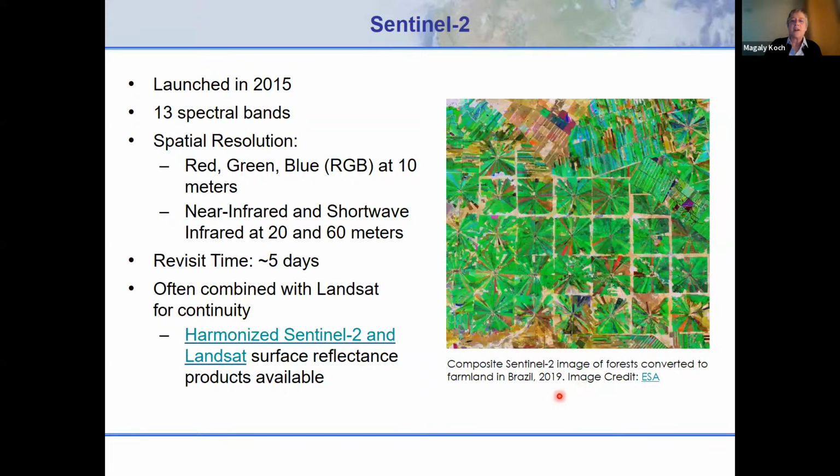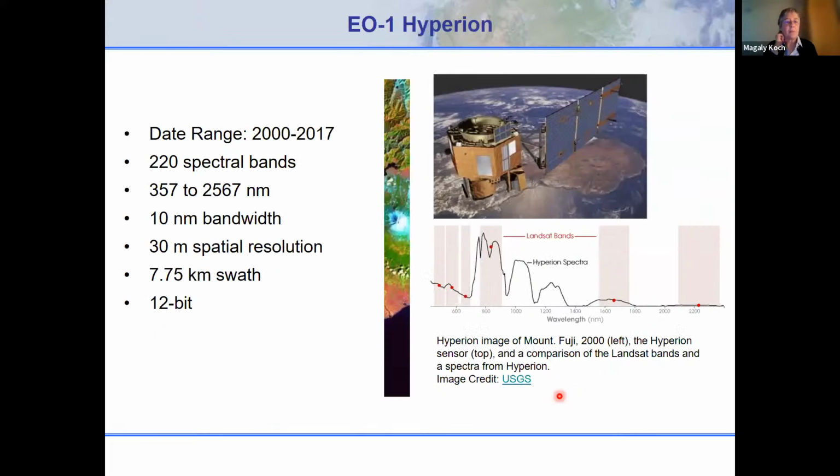And also they want to make sure that the information is captured in multiple spectral bands. So we'll talk about the spectral bands now, the importance of spectral bands, by looking at another sensor, a hyperspectral sensor, which has many, many spectral bands.